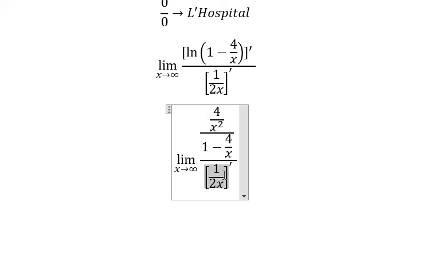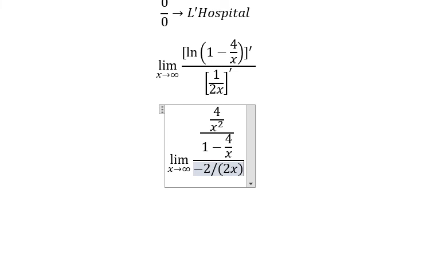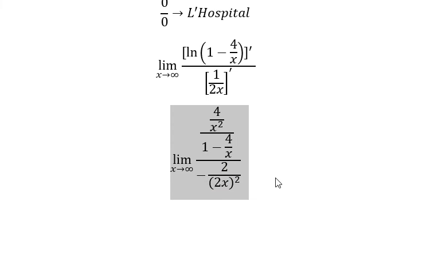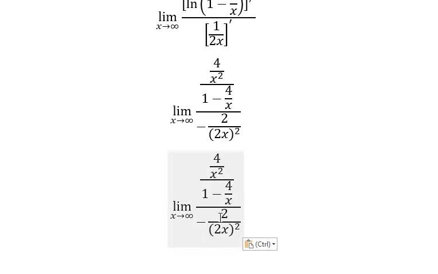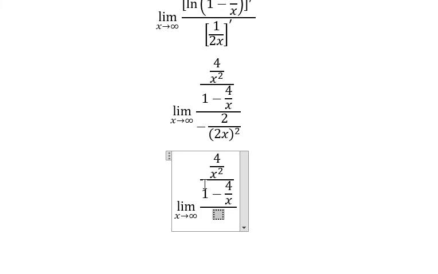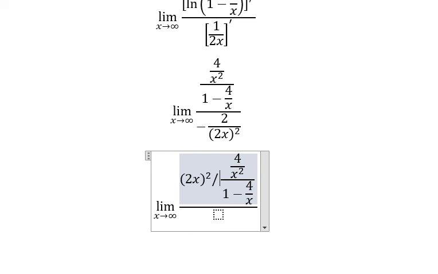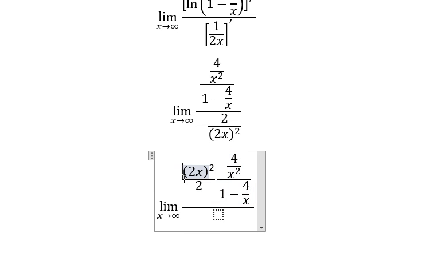This one, we will have about negative number 2 over 2s, everything to the power of 2. And now, we can put this one go to here. So that should be about 2s squared over number 2. And we have negative in here.